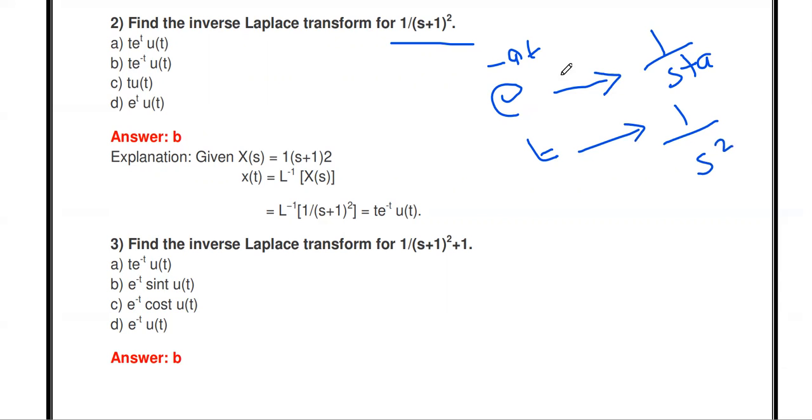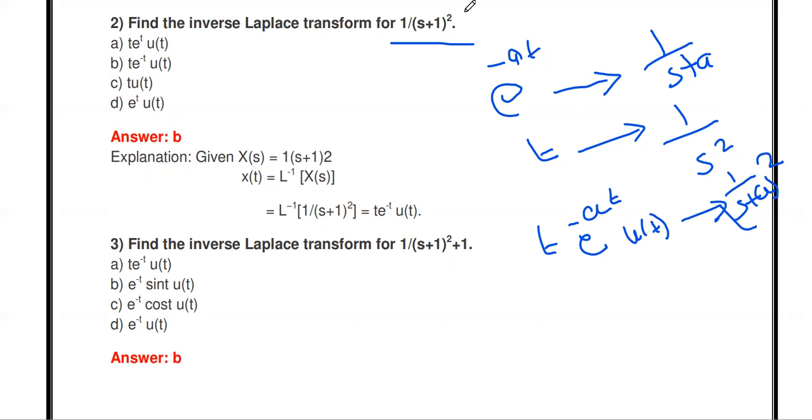If you combine these two signals, the signal t into e power minus at u of t gives the Laplace transform 1 divided by s plus a the whole square. So this is the answer for t into e power minus at u of t.